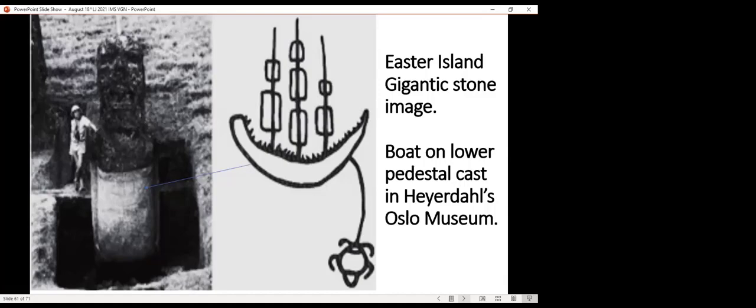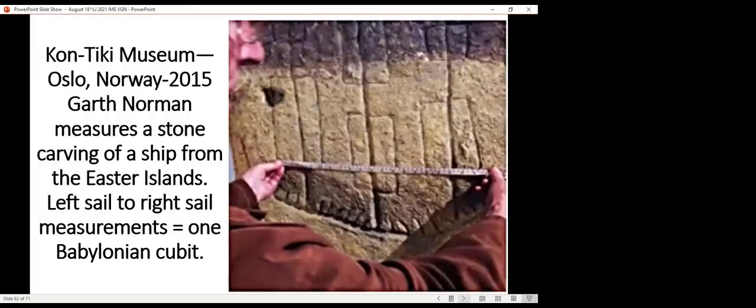And Thor Heyerdahl went all the way, did a latex mold of this pedestal and put it in his museum in Oslo, Norway. When we visited there, couldn't resist measuring the width of the 3 staffs of sails.